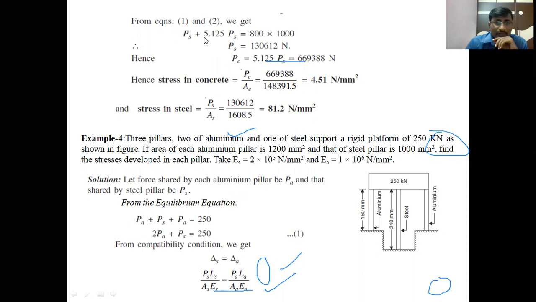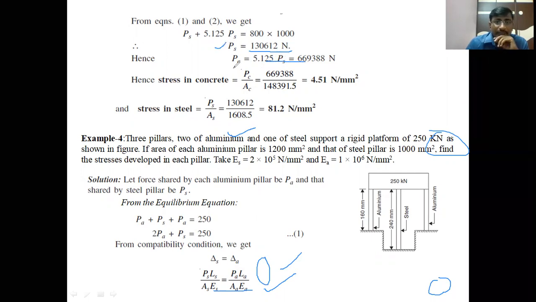PS is common, total value is 6.125. So PS is equal to 800 into 1000 divided by 6.125. We substitute the value, and the PS value is 130,612 newtons. That is the load shared by the steel bars.